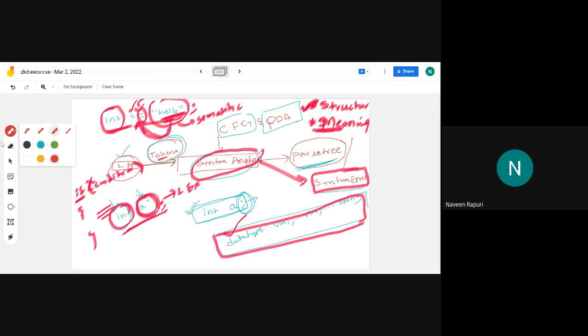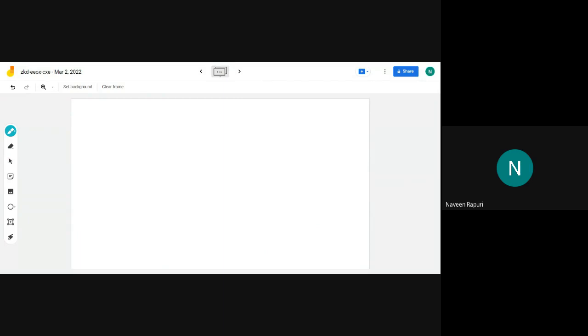So here we have clear knowledge on lexical analysis, tokens and syntax errors. Here we need to discuss what is context-free grammar, what is push-down automata, what is parse tree. Coming to context-free grammar, there is a meaning in the name itself.